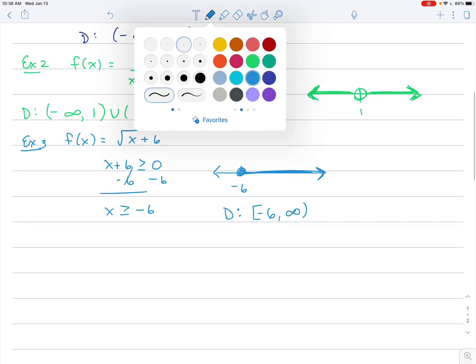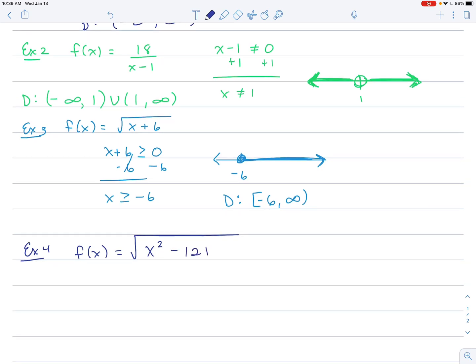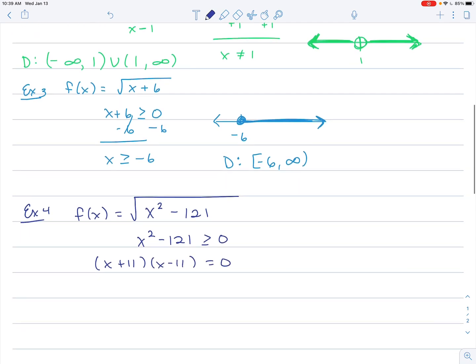Okay, let's do a more complicated radical. f of x equals the square root of x squared minus 121. Now this is a quadratic, so when we set this greater than or equal to 0, we have to factor it. When we do a quadratic inequality, we change it to an equal sign, get the two roots, and then figure out where the actual solution is.